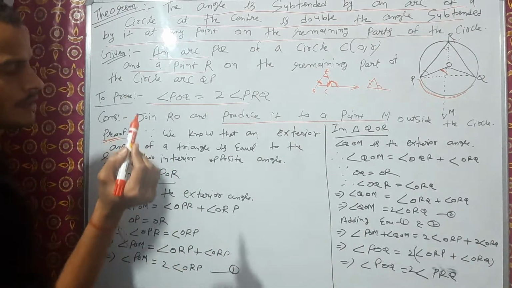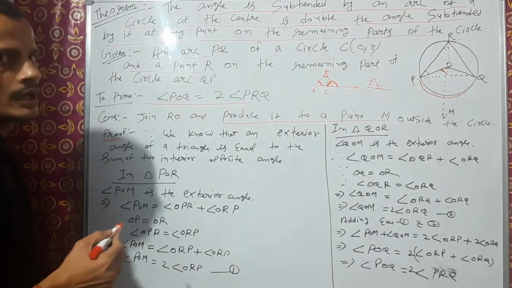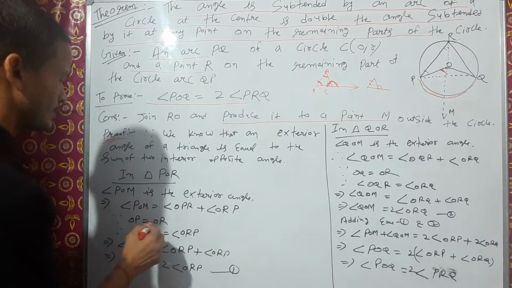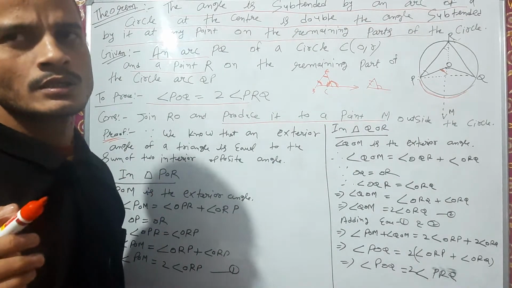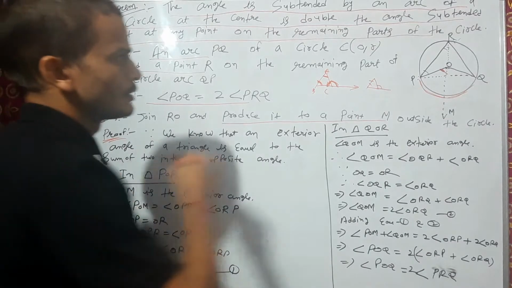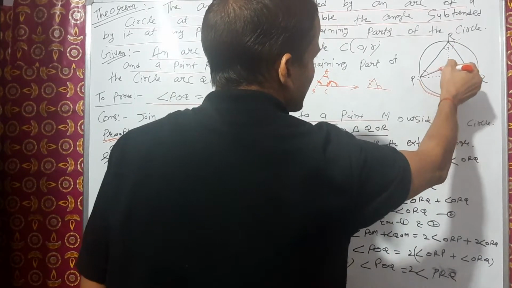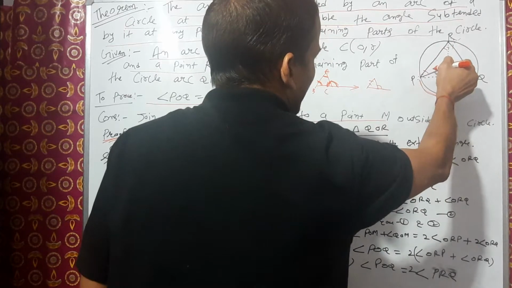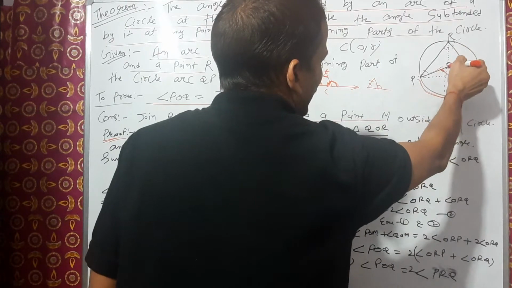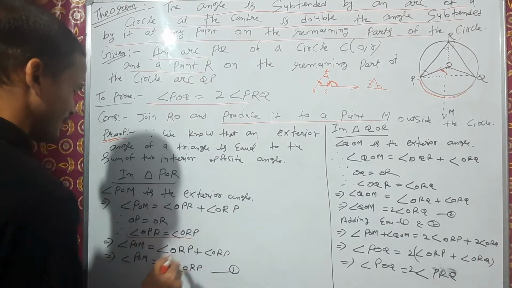When we see the figure, OP and OR are radii of the circle, and we know that radii of the same circle are equal to each other. So OP is equal to OR, and also we know that when sides are equal, their opposite angles are also equal. So the angle opposite to OP, which is ORP, and the angle opposite to OR, which is OPR, are equal to each other, means OPR is equal to ORP.